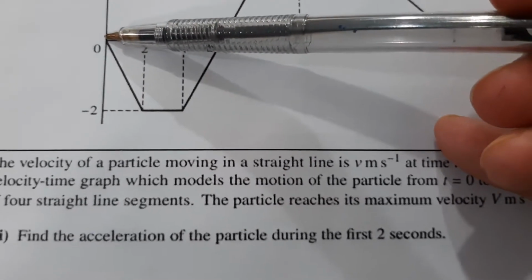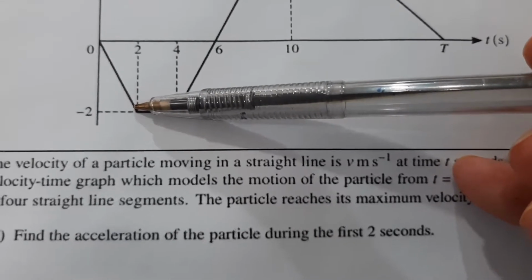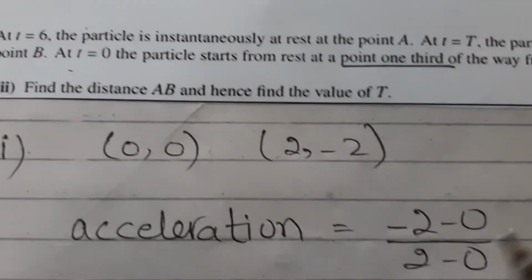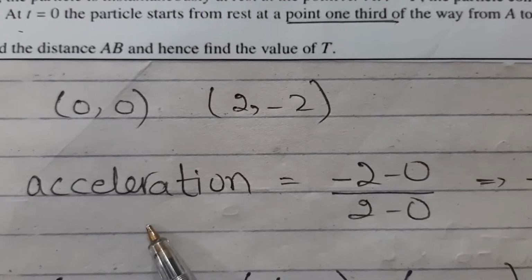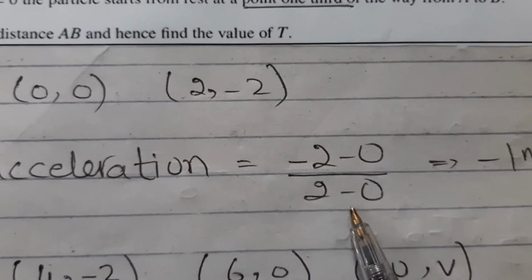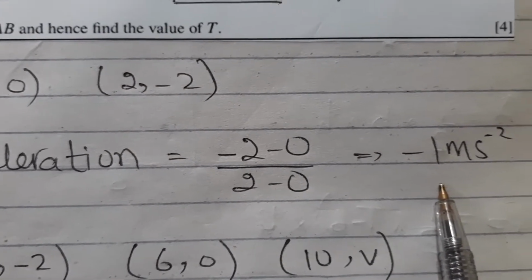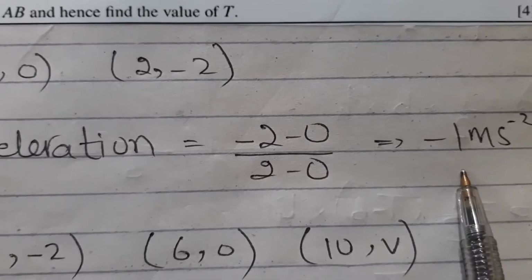This point is (0, 0) and this point is (2, -2). If I apply the gradient formula, which gives the acceleration because it is a velocity-time graph, I get an acceleration of -1 meter per second squared.